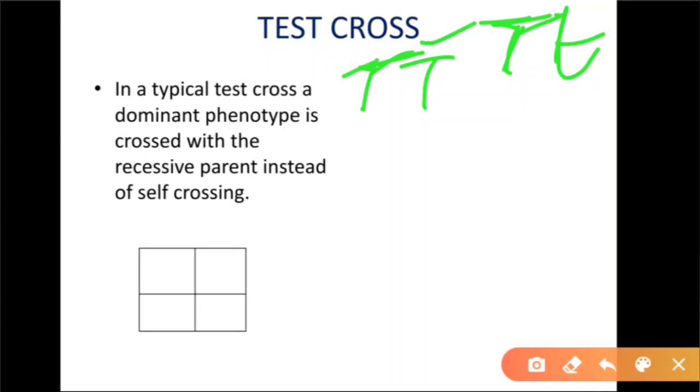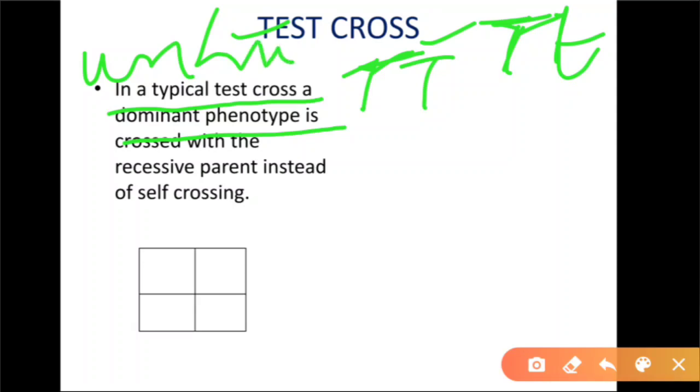So we can test this by a cross. This is called a test cross, in which a dominant phenotype, an unknown plant, is crossed with the recessive parent instead of self crossing.